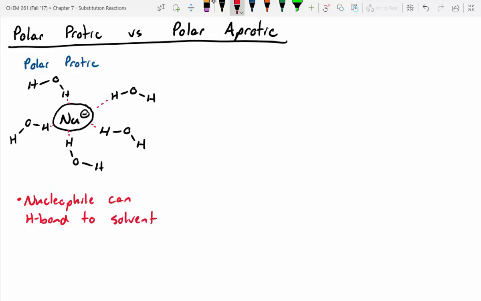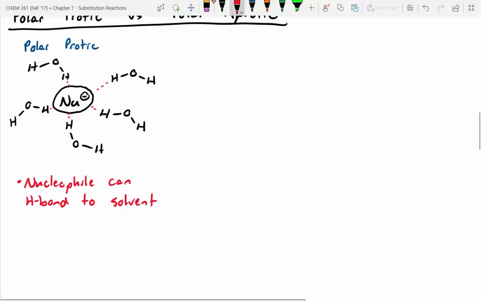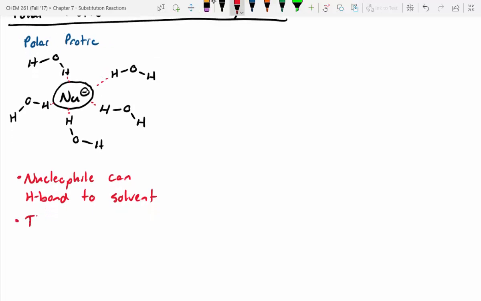Does that mean that the nucleophile is going to be a better nucleophile or a worse nucleophile if it's hydrogen bonding to the solvent around it? What do you guys think? Worse, right? Because it's held tightly by the solvent. The solvent really, really wants to interact with it. It's not going to let go of it as easily. This results in the nucleophile being weaker.